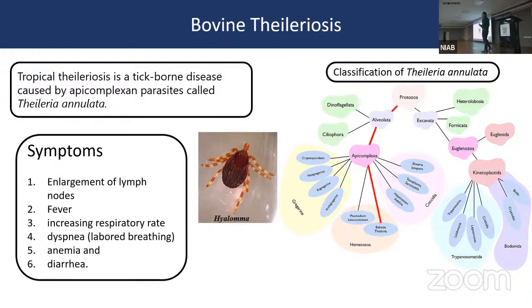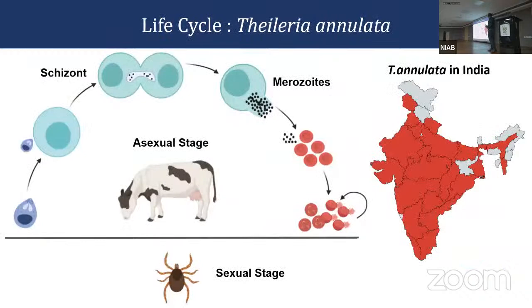And the tick vector that transmits this disease is of genus Hyalomma. Now, in other species of Theileria, this may vary to other tick genus. Now, if you see the life cycle of this parasite, it is completed in two hosts, the tick host and the bovine. In the tick vector, the sexual cycle takes place, and in case of bovine, the asexual cycle.